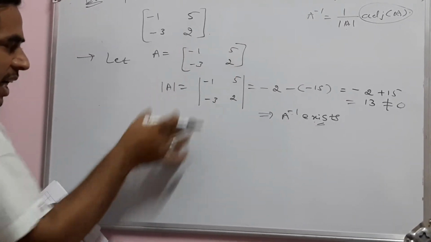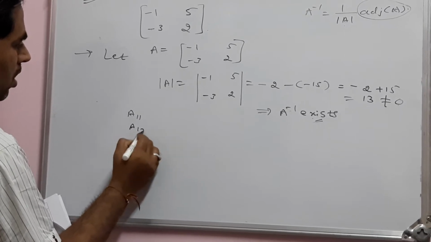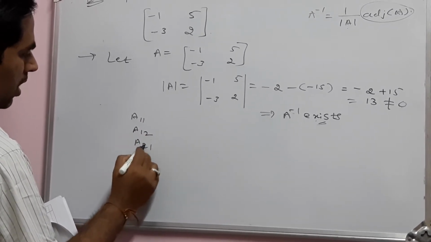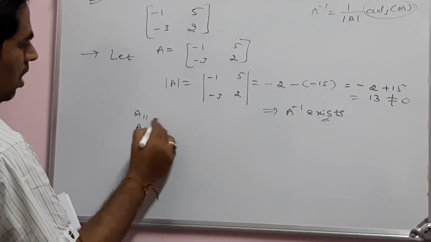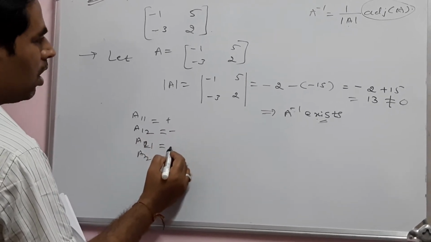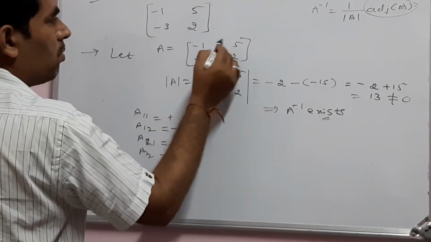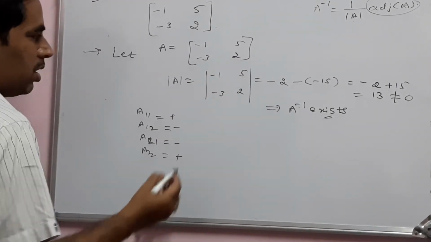So how do you find the adjoint? We have A11, A12, then A21, A22, with signs plus minus, then minus plus. This is a 2 cross 2 determinant.